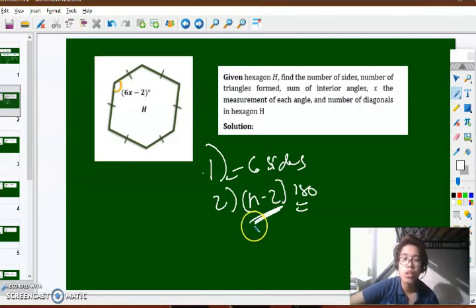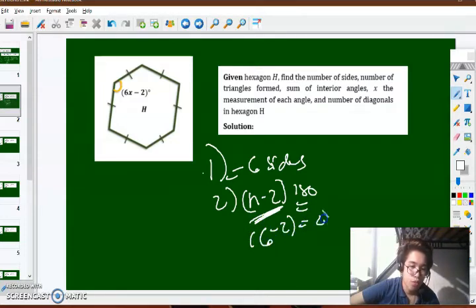For this polygon, the number of sides is 6, so we simply substitute 6. 6 minus 2 is simply 4. So there are 4 triangles in hexagon H. You can form 4 triangles there.